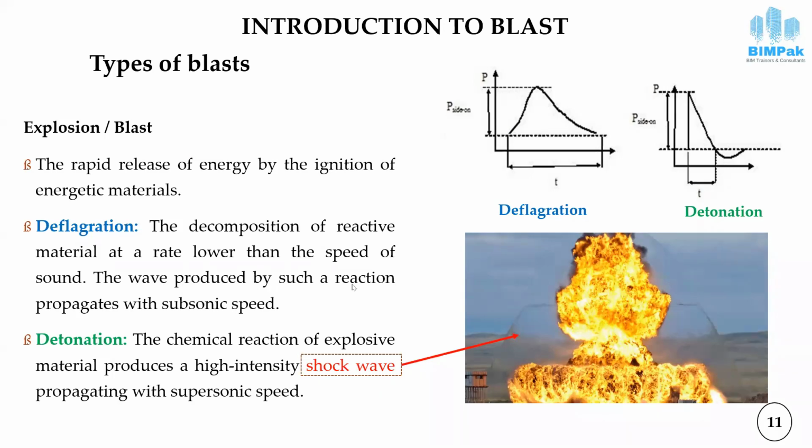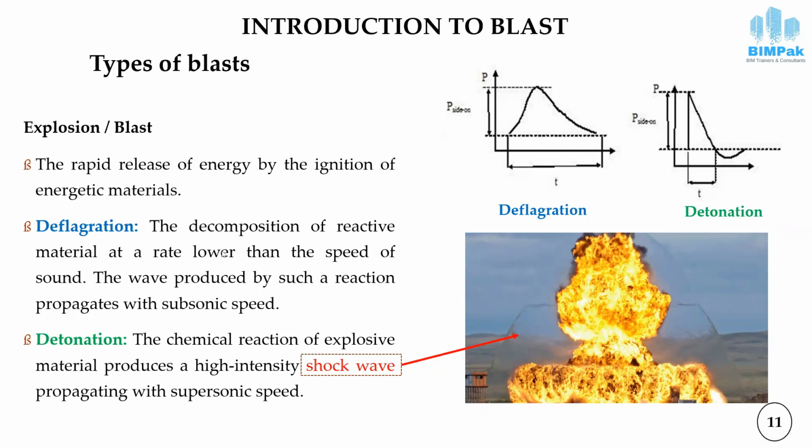And the wave produced by such reactions propagates with subsonic speed, meaning that in the case of deflagration, the wave will propagate with a speed less than the speed of sound. And here we can see that the increase in the pressure is with the passage of time, and no negative phase will be created in the case of deflagration.